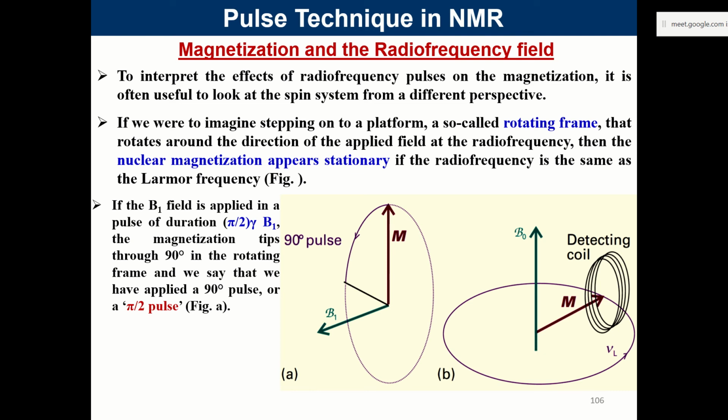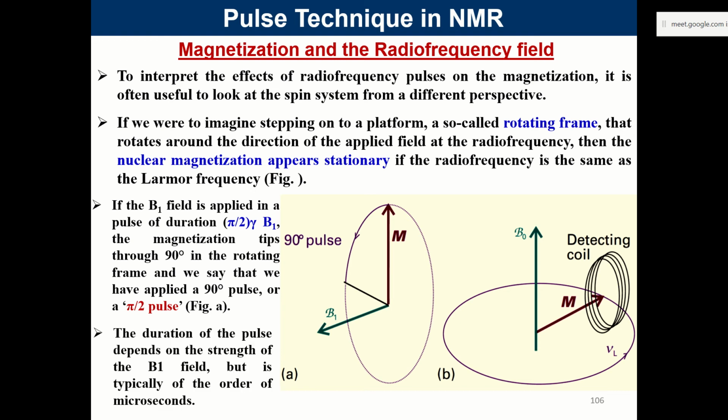Now when you apply a 90-degree pulse, the population becomes equal. The plus half and minus half, the alpha and beta, become equal. And when you apply a 180-degree pulse, the magnetization vector is totally reversed. It changes direction. So the population is now more for beta and less for alpha.